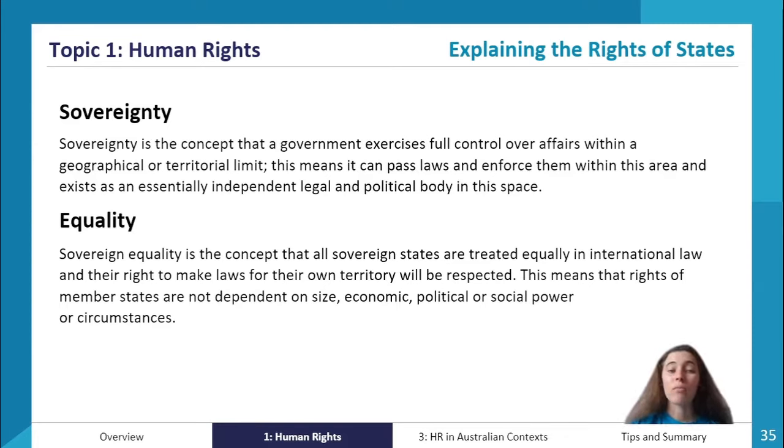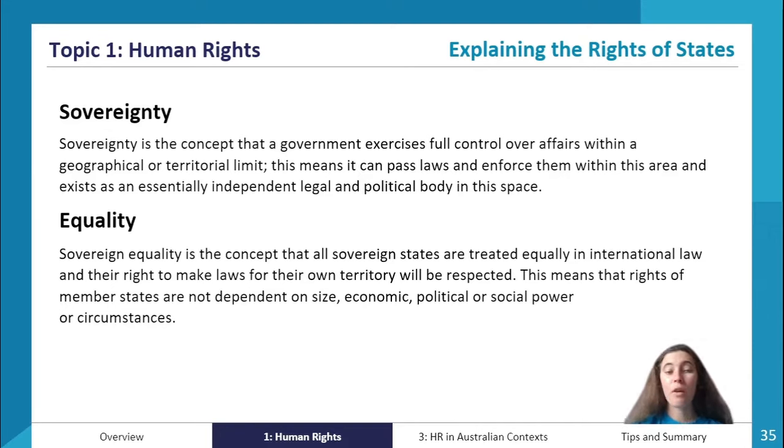And equality. So sovereign equality is the concept that all sovereign states, so any state that's deemed to have sovereignty, are treated equally in international law, and their right to make laws for their own territory will be respected. So they have the ability to make laws for their area, and that needs to be respected by the broader international society.